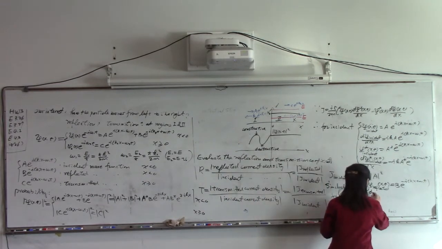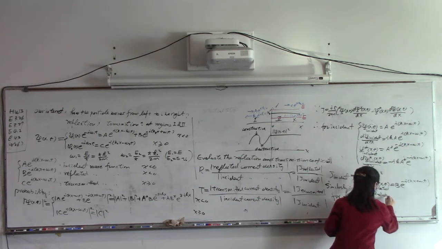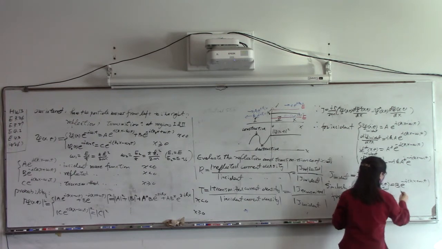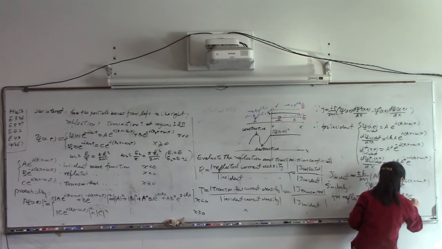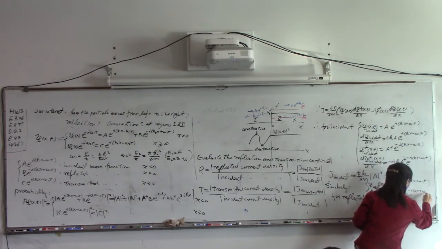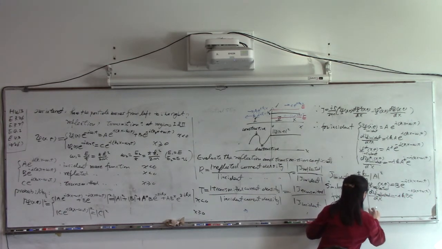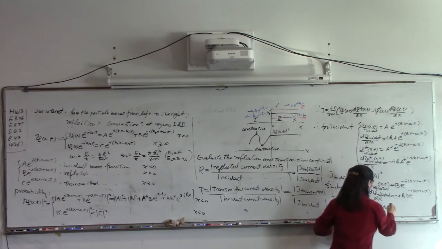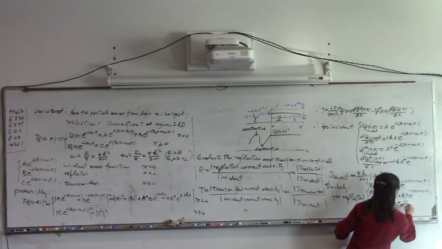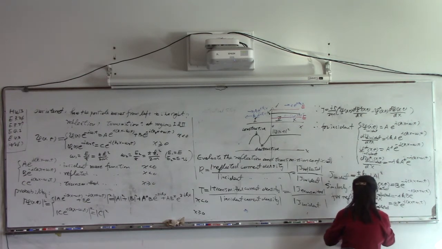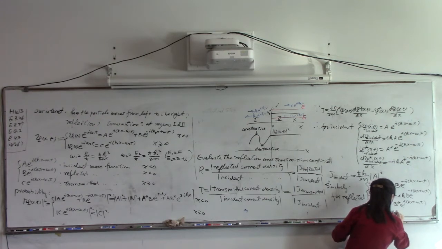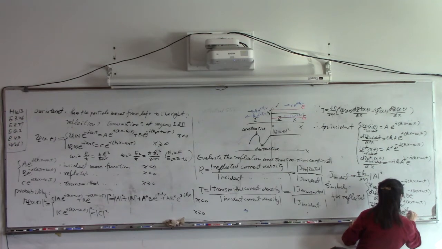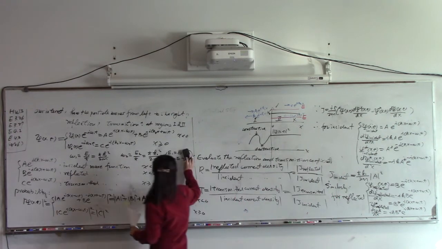Then the derivative with respect to x is minus i k1 B exponential minus i k1 x plus omega 1 t. And do the same thing for the complex conjugate: B star exponential positive i k1 x plus omega 1 t, and its derivative with respect to x is i k1 B star exponential i k1 x plus omega 1 t. Each term you have to do carefully.